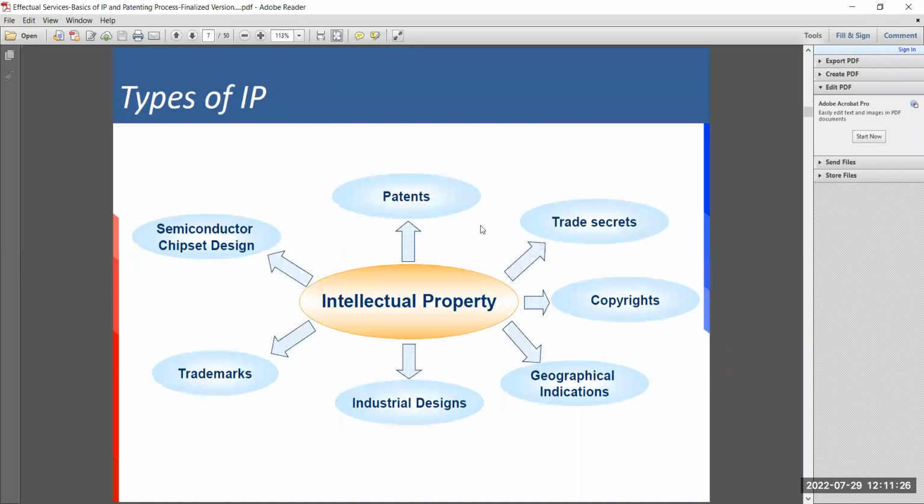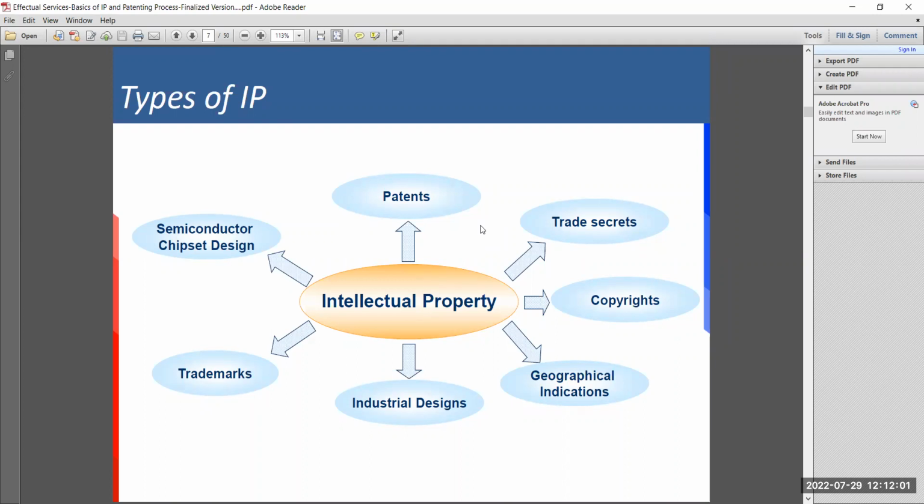So this is a tree related to IP. Patents, I think most of you are aware of that. Trademarks: if you have any brand name, brand logo, and that needs protection, then it should be protected under trademarks. Then there are copyrights, and industrial designs, like if you have some mechanical design which is very particular, and design is important for that, then you should protect that.